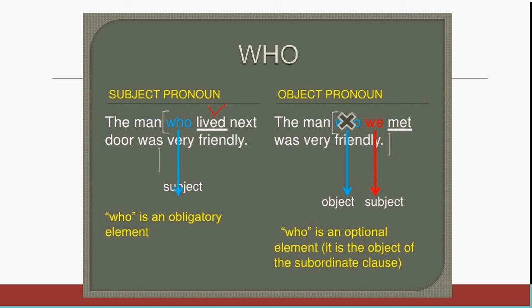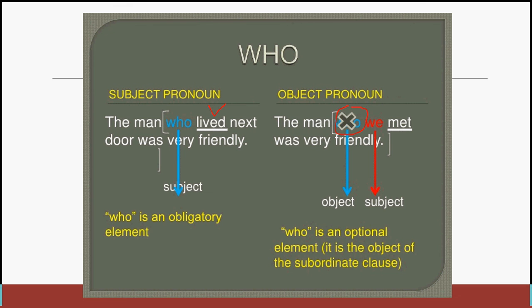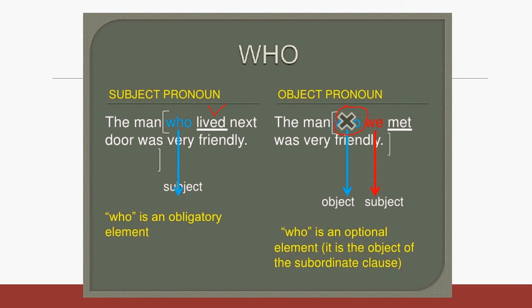And now in the object, the man who we met was very friendly. Remember, this can be or cannot be in the sentence because it's not mandatory. And we is the subject. The man we met was very friendly. Who is an optional element. It is the object of the subordinate clause.